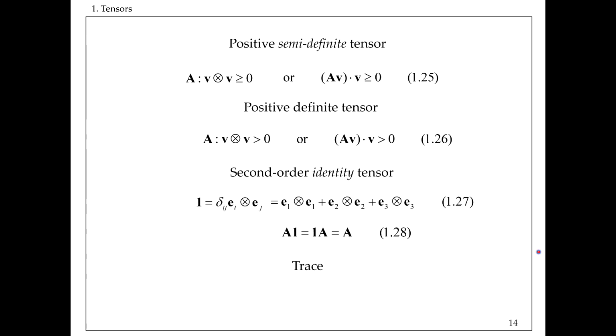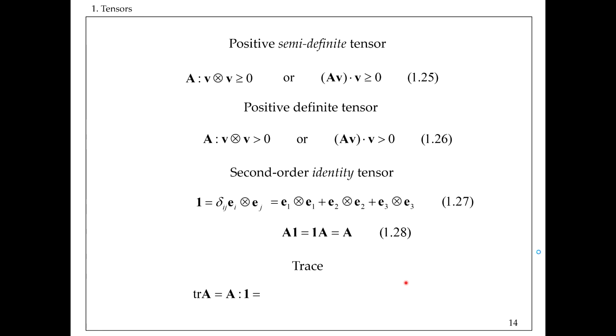So basically, what you're doing, you're picking up some of the terms on the diagonal of that matrix. But what does it mean for second order tensors? It's defined in this way.